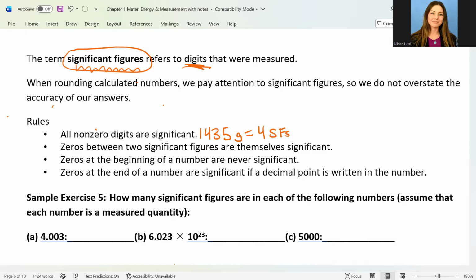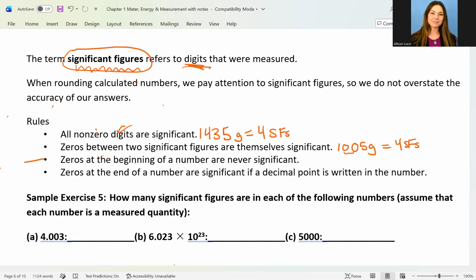In this next rule, we're told that zeros between significant figures are themselves considered significant. So if I have, for example, 1,005 grams, that also would have four sig figs, because the 1 and the 5, the non-zero digits, and the zeros between, these are all significant.